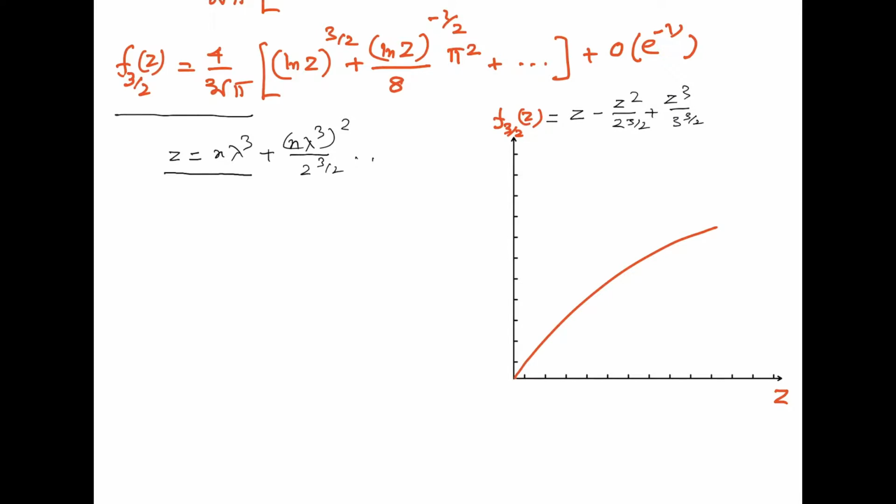So this equation can be written as f3/2(z) equal to 4 by 3 root pi log z to the power 3/2 plus, you see, pi square by 8 divided by log z to the power half, and so on.